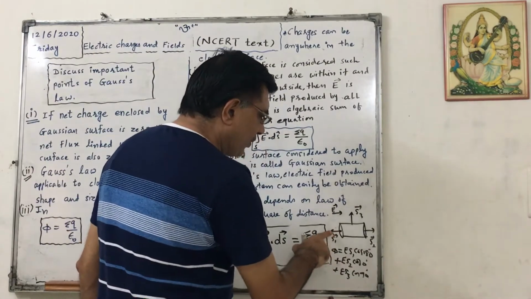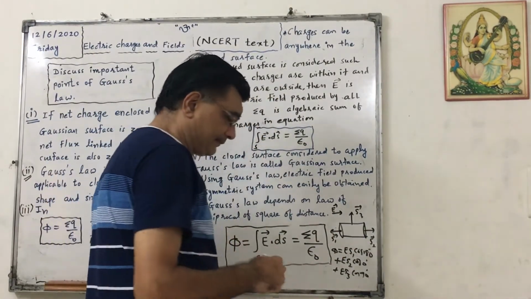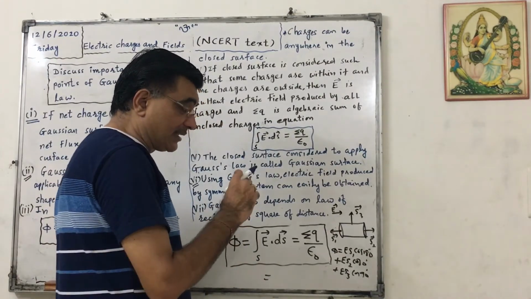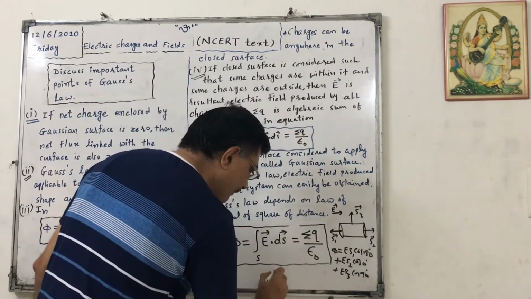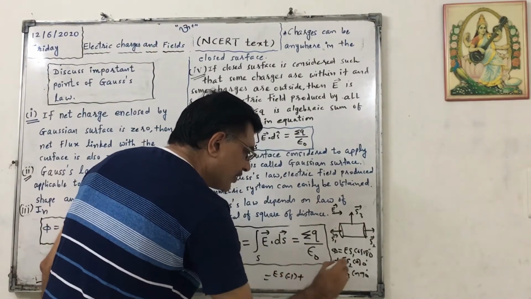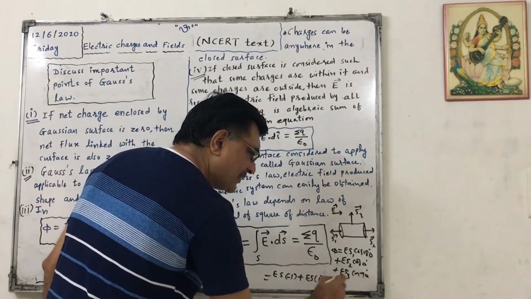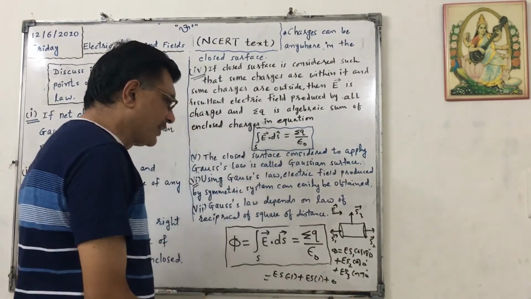But the magnitudes of S1 and S2 are the same. Let us denote it as S. Then it will be E S cos 180, which is minus 1, plus E S cos 0, which is 1, plus 0 for cos 90, giving plus 2. So net flux is 0.